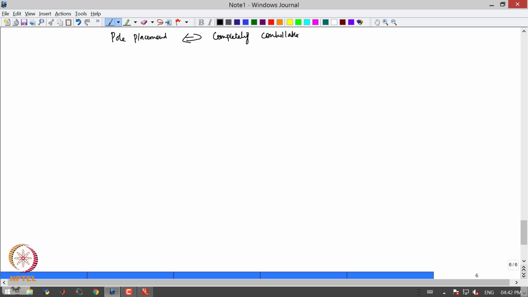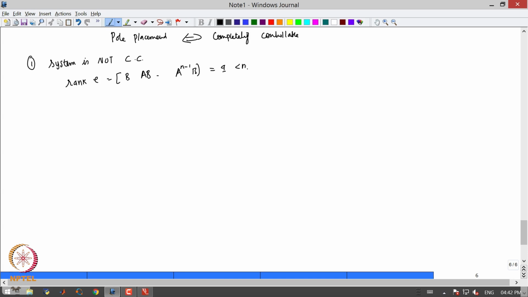Let's start with part 1 of the proof. Let's say the system is not completely controllable, which means that the rank of C, which is B till A n minus 1 B, is some q which is less than n.